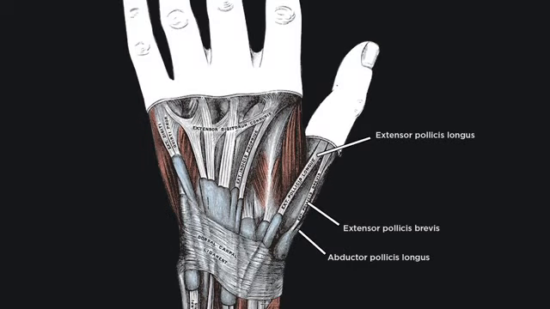The triangle of the anatomical snuff box is caused by the fact that the extensor pollicis longus travels by itself on the more medial aspect of the posterior thumb, while the extensor pollicis brevis and abductor pollicis longus travel together on the lateralmost aspect of the posterior thumb.